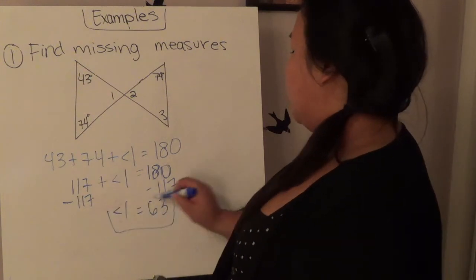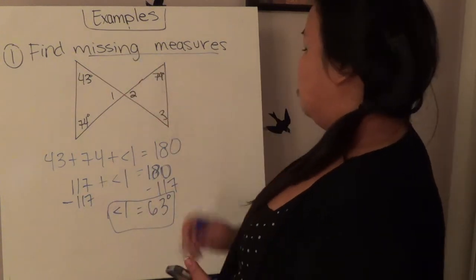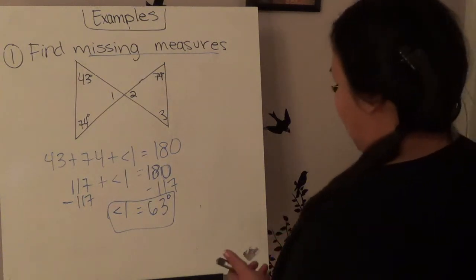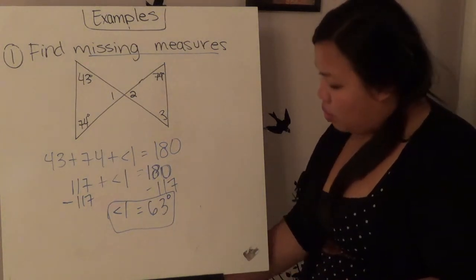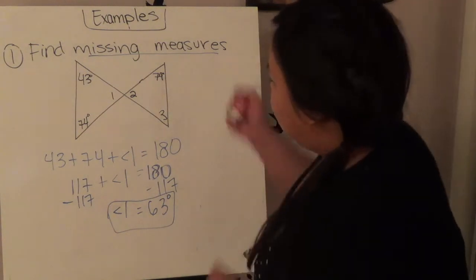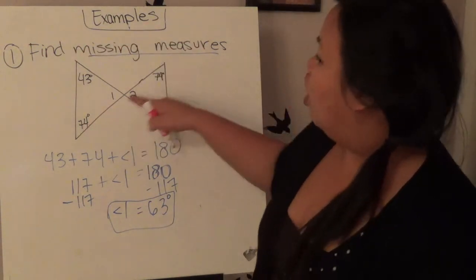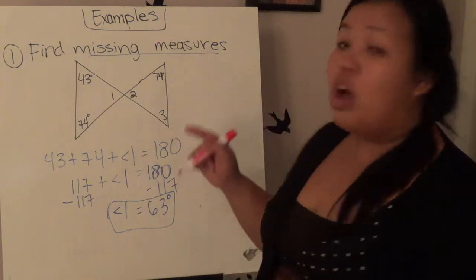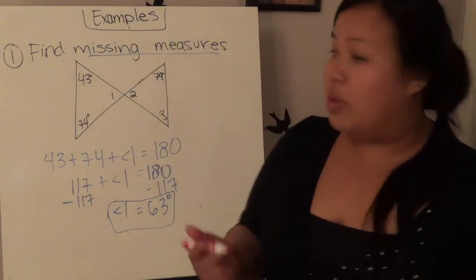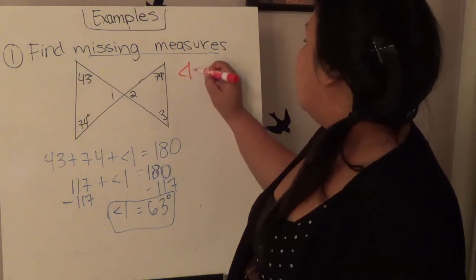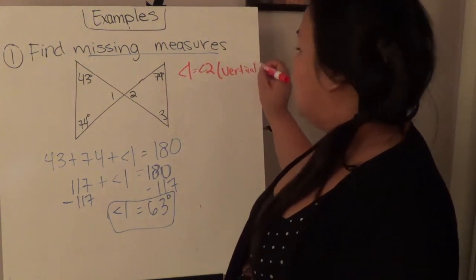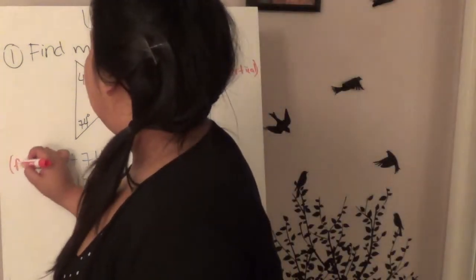So this is our first one because they want us to find the missing measures. Alright? Now, we know that because this and this form, do you see this? These are called what kind of angles? They're called vertical angles. Remember those? And we know that all vertical angles are congruent. So angle 1 equals angle 2 because they're vertical. The reasoning for the first one is the angle sum.